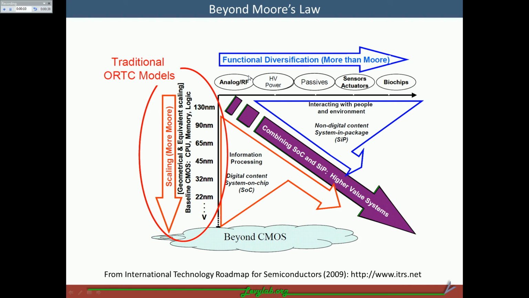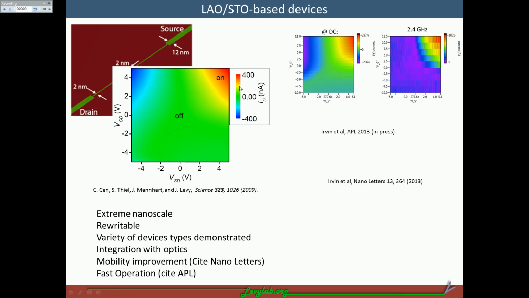I want to show that Moore's Law has been valid for many decades. This is not the traditional Moore's Law, this is more like the beyond Moore's Law. My intent is to look beyond Moore's Law, and that's how I'm setting up the talk.